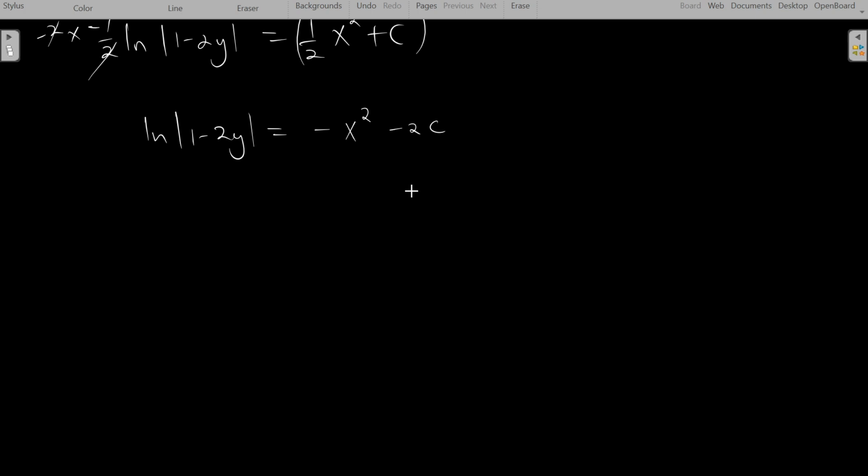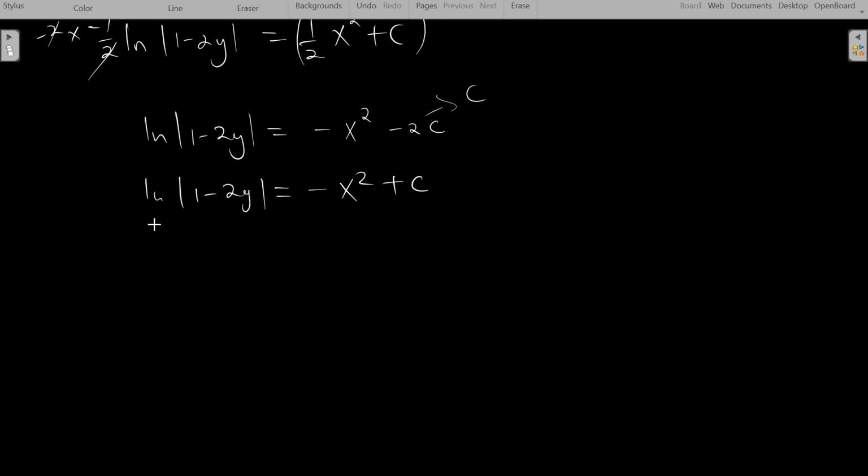But in this case, because this is just a constant, it gets absorbed and remains just a constant. Now it's the same as negative x squared plus c should equal ln of 1 minus 2y.